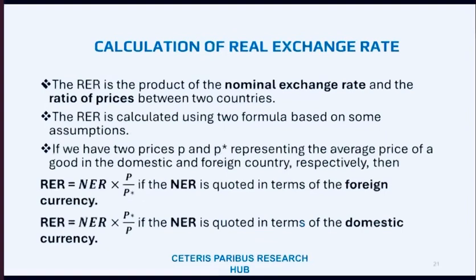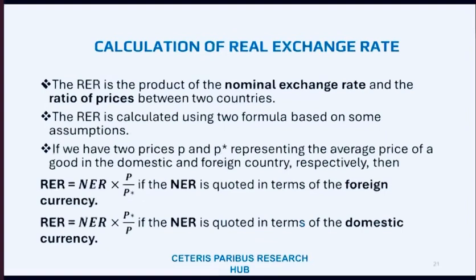In other words, if and only if the quoted currency is the foreign currency, then in the price ratio of P and P star, the foreign price should come in the denominator. In this case, P star should be in the denominator.